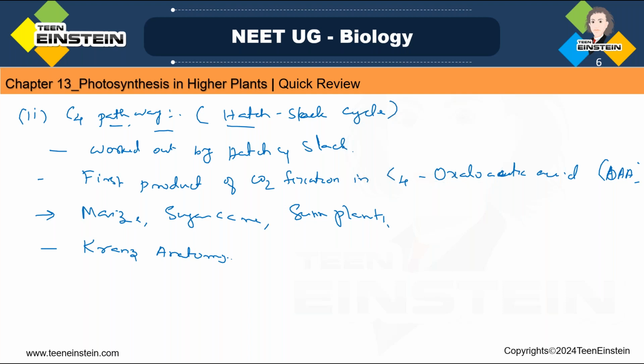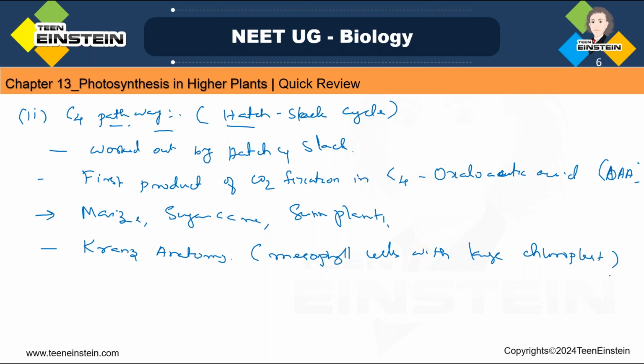Kranz anatomy means mesophyll cells which are adjacent to the bundle sheath, near to the bundle sheath, containing large chloroplast. Mesophyll cells with large chloroplast.